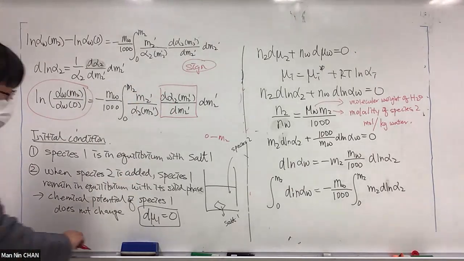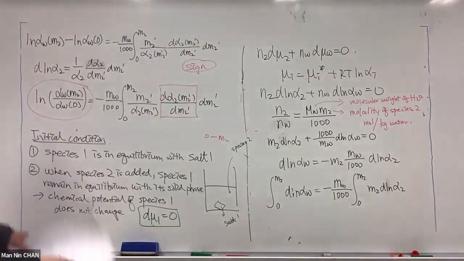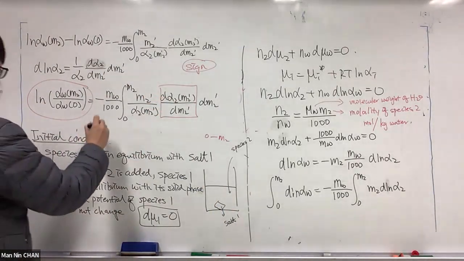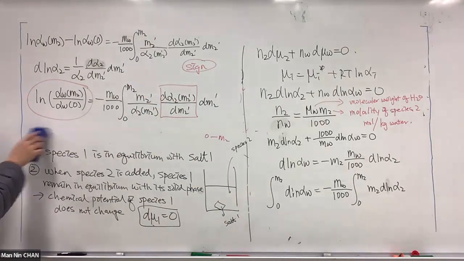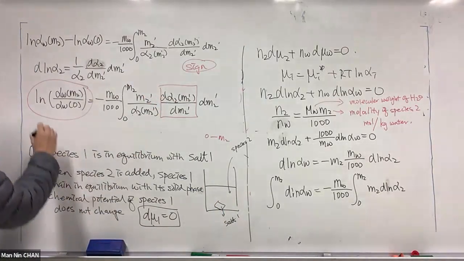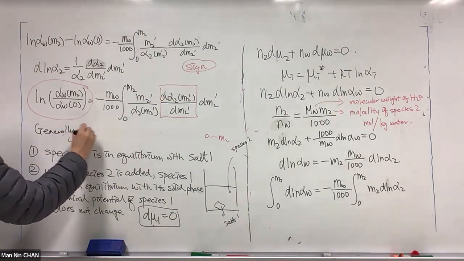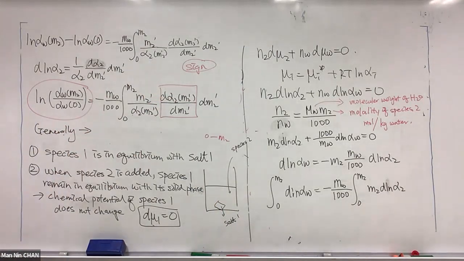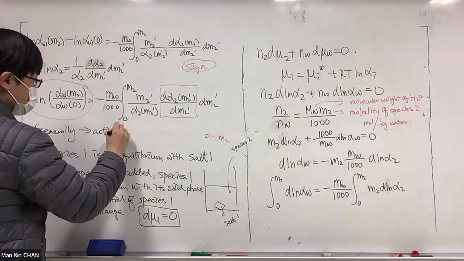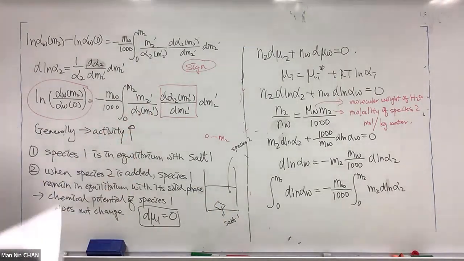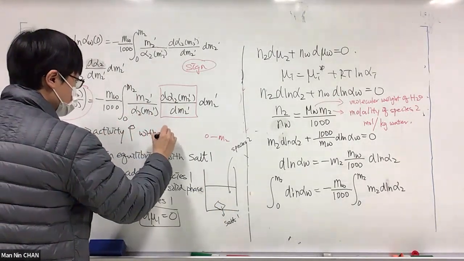So in reality, people find that for this term, in general, the activity of your species 2 will always increase with your molarity.